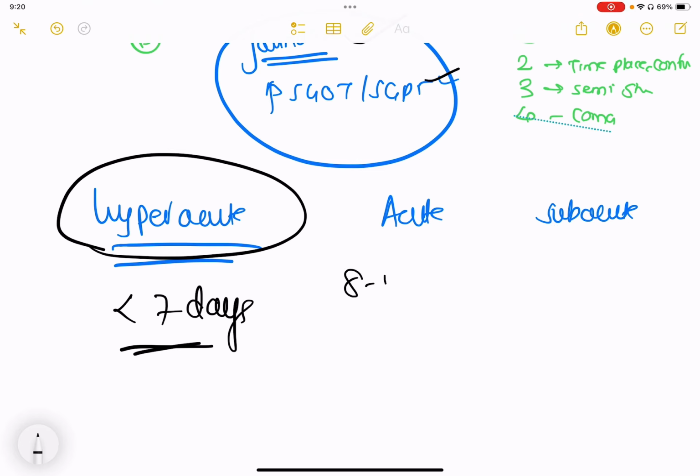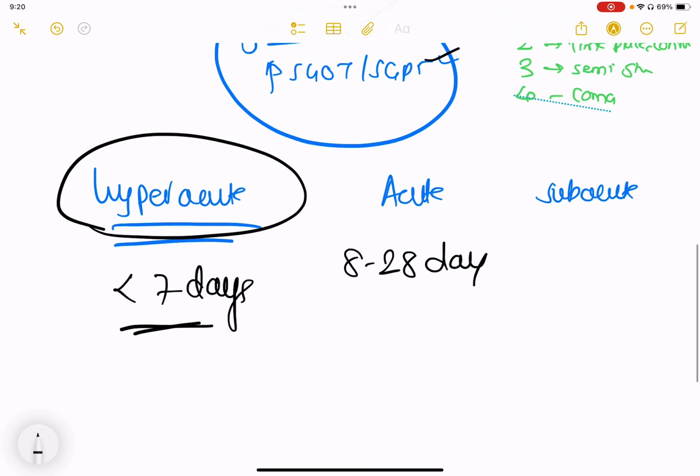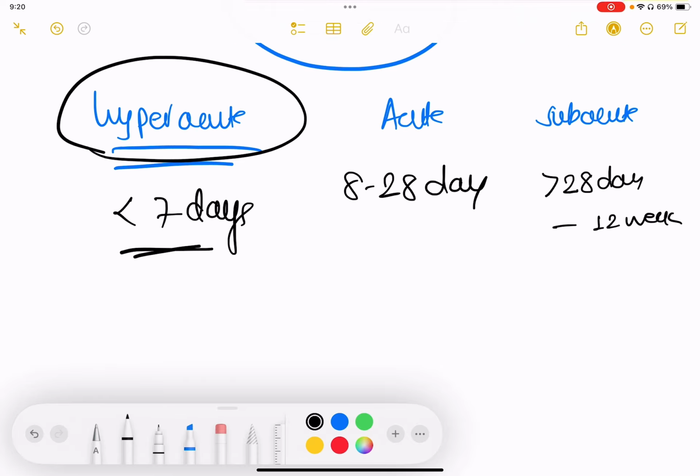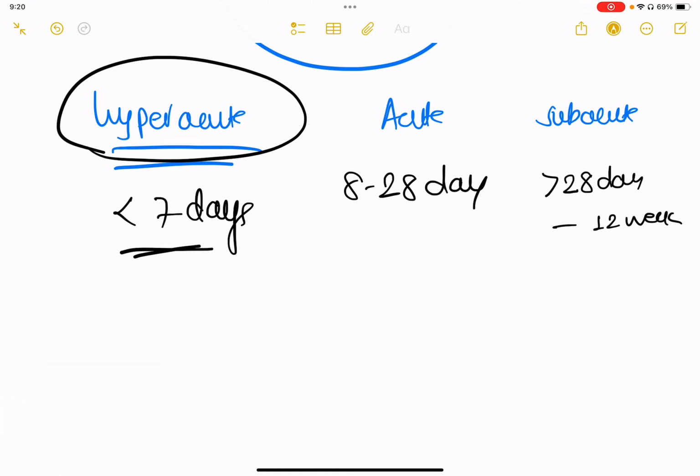If this duration is between 8 to 28 days, around a week to less than a month, we call it acute. And when it is more than a month, more than 28 days, up to 3 months or 12 weeks, we call it subacute. Now, what is the best example for this? Hyperacute is most of the time seen in poisoning, for example paracetamol toxicity.